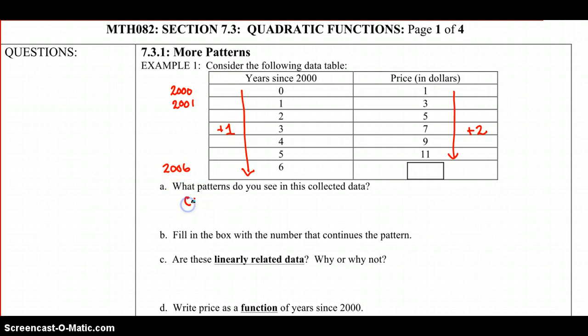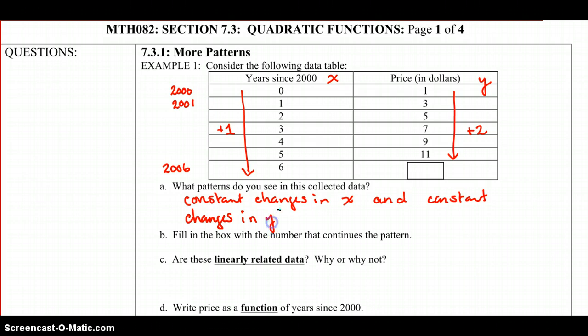So we have constant changes in, we call this X and Y, in X, and constant changes in Y. Or maybe you had said that years keep increasing by 1, and price keeps increasing by $2.